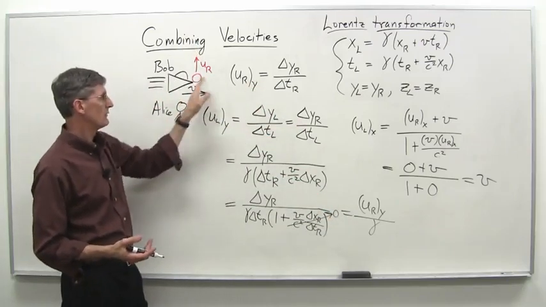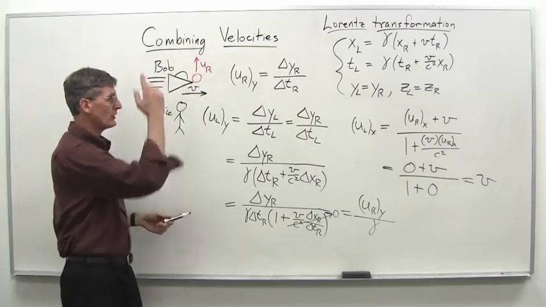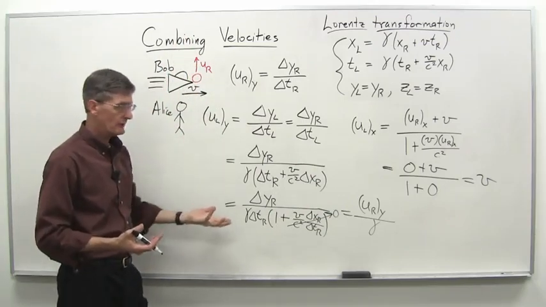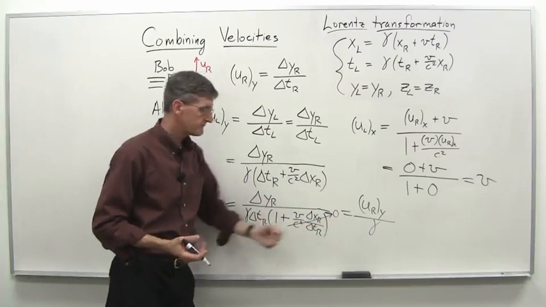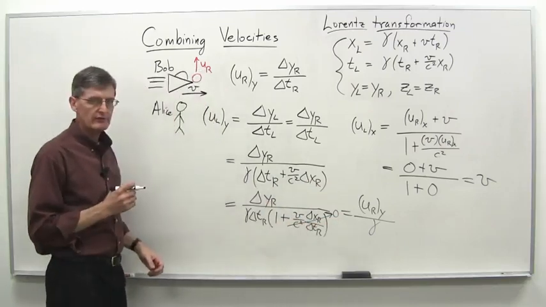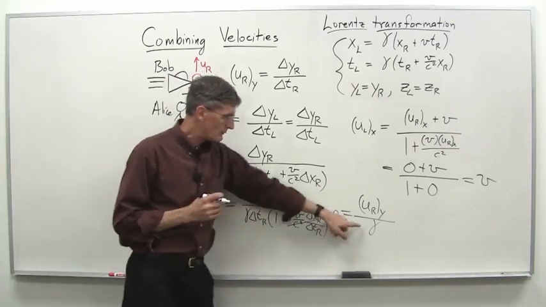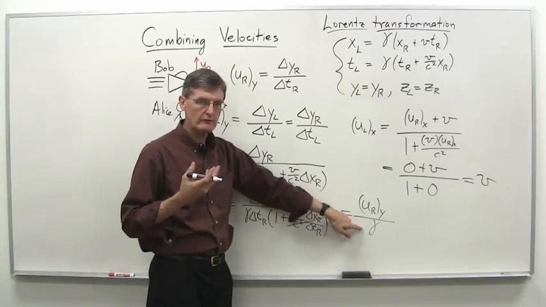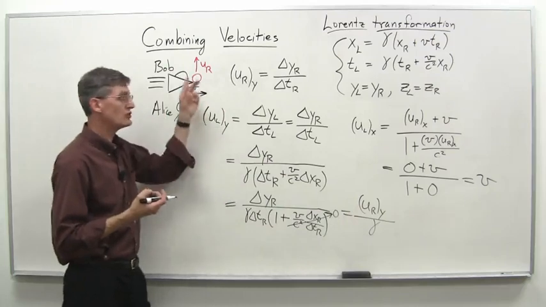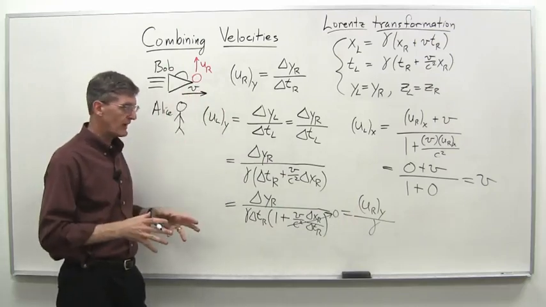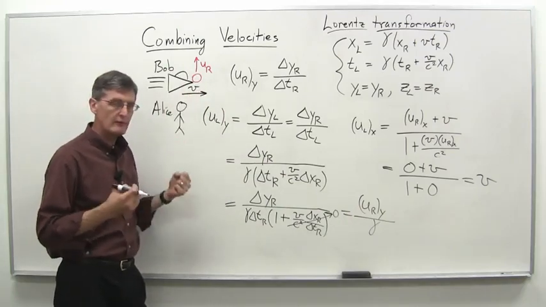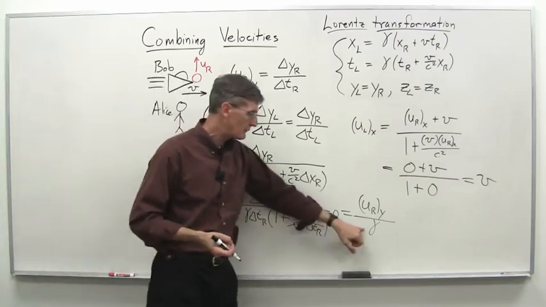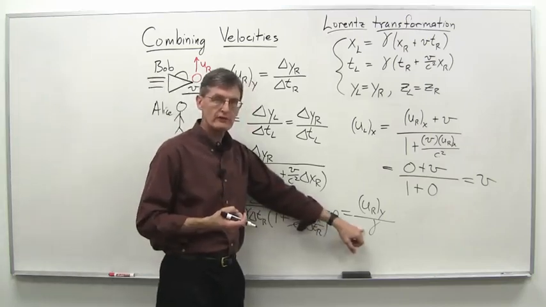So it is whatever velocity Bob sees, they're shooting up, then that's going to be divided by gamma. Note one very interesting thing here. Gamma is in the denominator. So as the velocity of the pod shooting up gets faster and faster, closer to the speed of light, remember what happens to gamma? Gamma gets close to infinity.